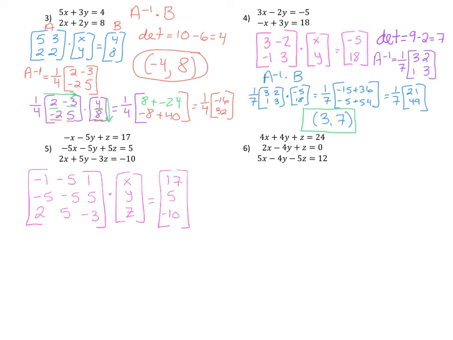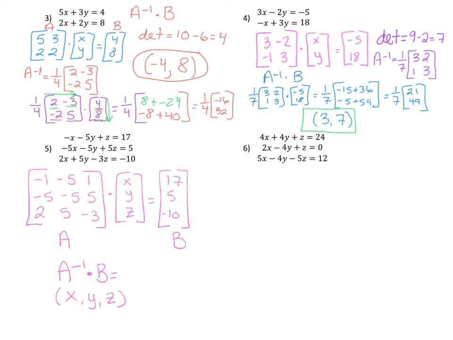Now, in my graphing calculator, I would enter this first 3 by 3 as matrix A and this 3 by 1 as matrix B. Once those are entered into my calculator, I would exit out to the menu where you do your computations, like adding, subtracting, multiplying, and you want to do inverse of A times B. And you will get an answer in a 3 by 1 matrix, and make sure that you always write your final answer as x, y, z.